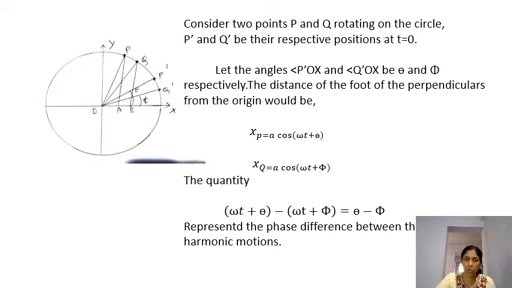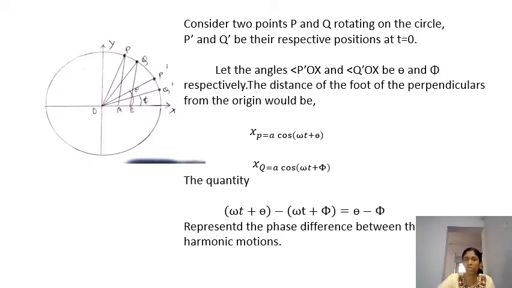Consider two points P and Q rotating on the circle. P dash and Q dash are the respective positions at t equal to 0. At the initial time, t equal to 0, the particles are at P dash and Q dash. After some time, they go to P and Q. The angle P dash OX is taken as theta and Q dash OX is taken as phi.